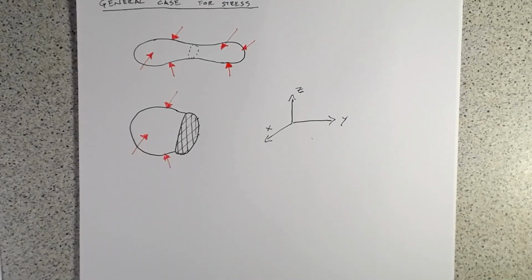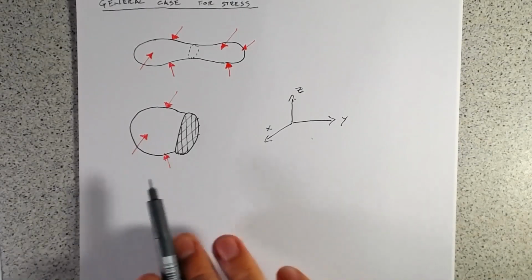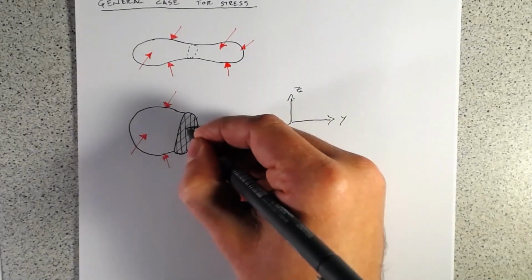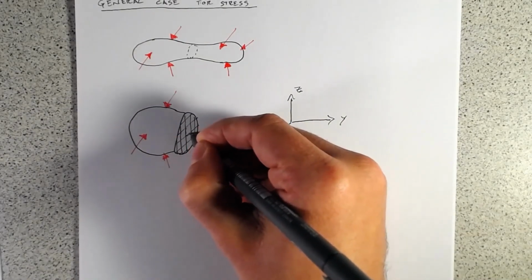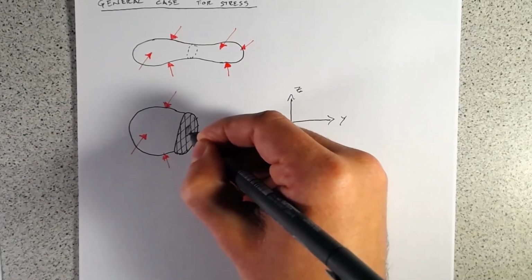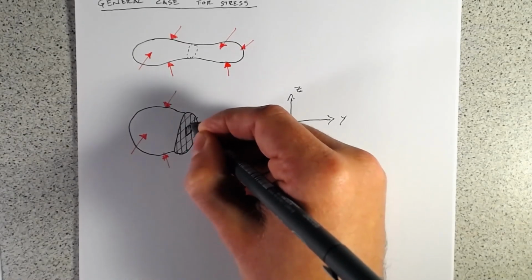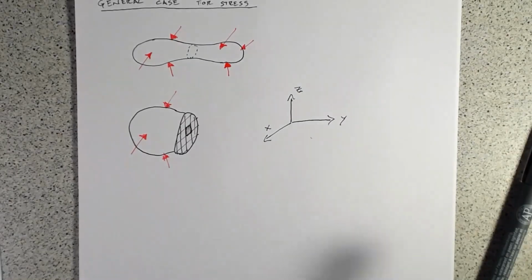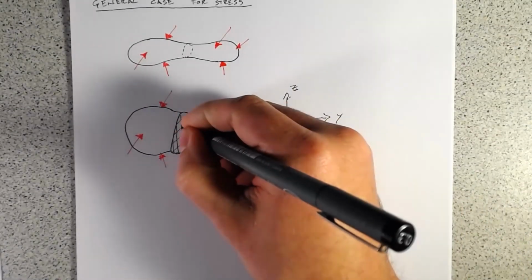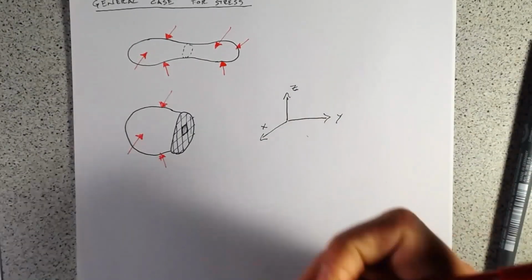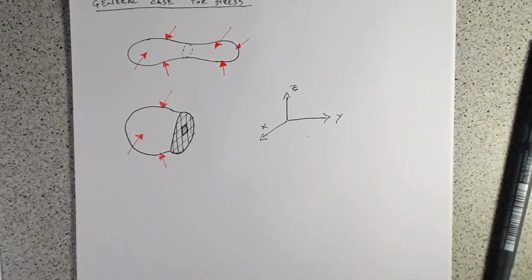So if we want to find the stress at a point and then use that relationship to find it at any given point or over a whole distance of points, just like with average stress, let's pick one of these boxes. We will highlight that one there, shade that in, and have a look at what the forces are going to be on that.